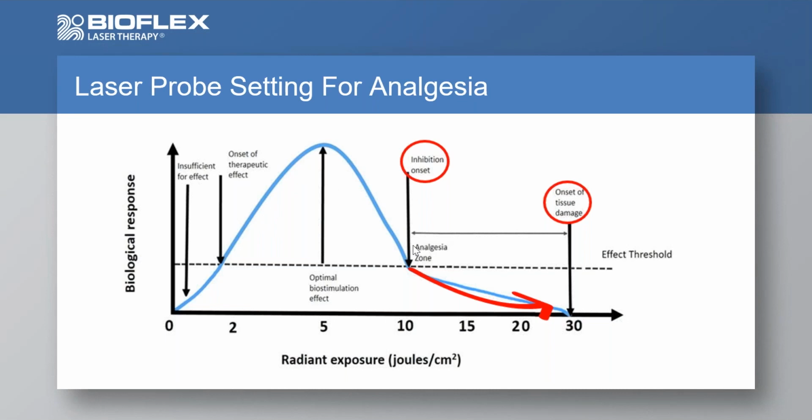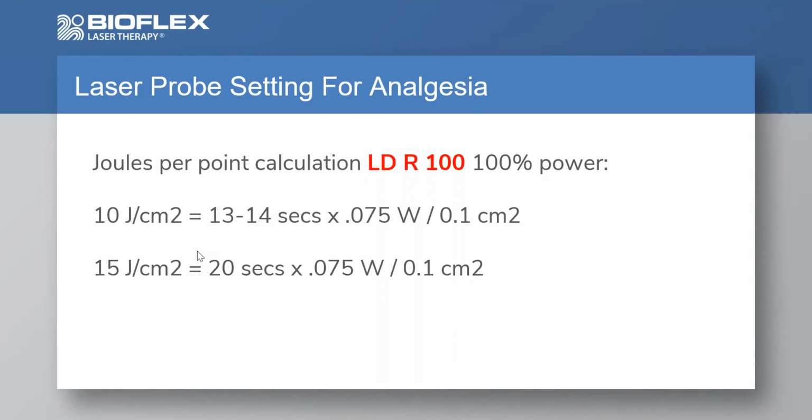And this can be achieved relatively easily, provided that you have enough energy and the surface area of that energy coming out of a laser probe. Remember, this is going to be done with a laser in order to achieve that. Because it's superficial and a lot of the nociceptors are superficial, I'm going to recommend using a red laser probe for that.